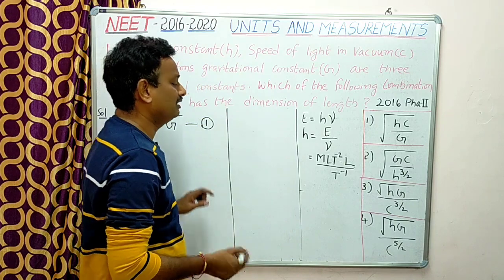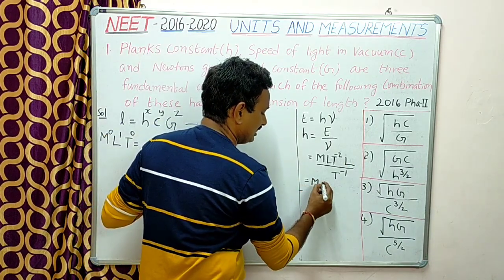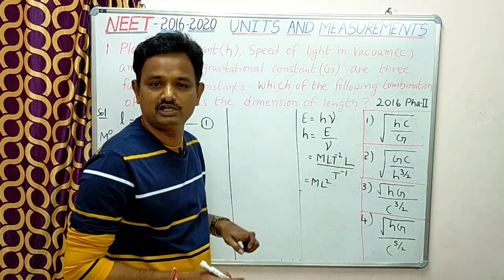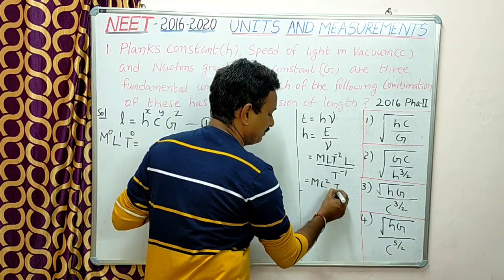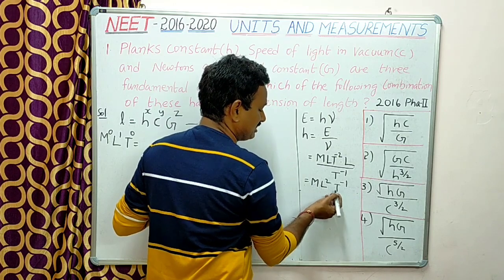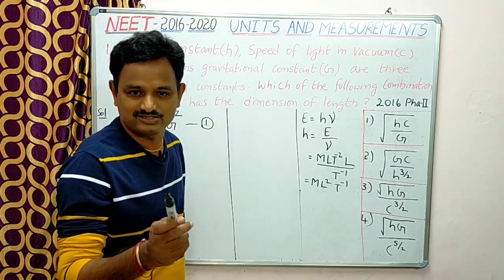Then what will I get? Here I will get m into L, L square, t power minus 1. If I move it to the numerator, it will become t power plus 1. So t power minus 2 plus 1 means I will get t power minus 1. So I got m L square t power minus 1 for Planck's constant.